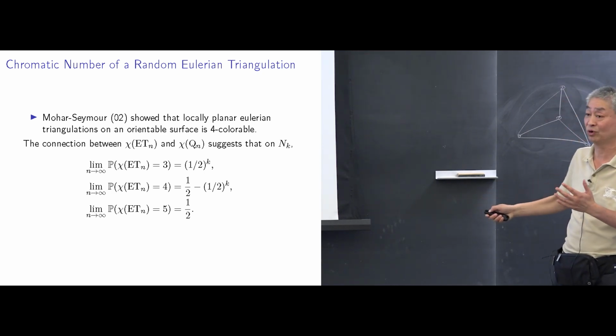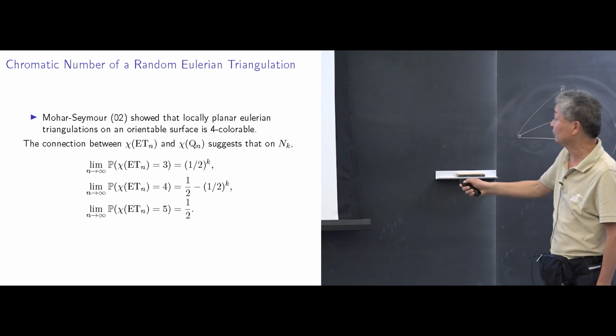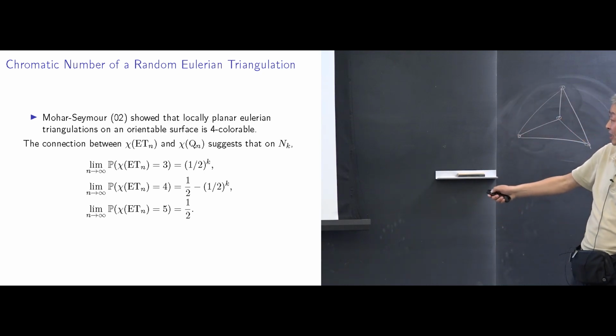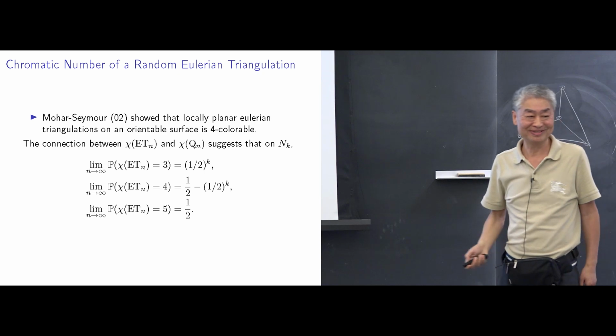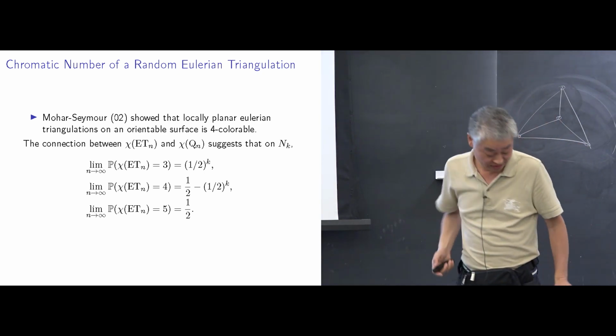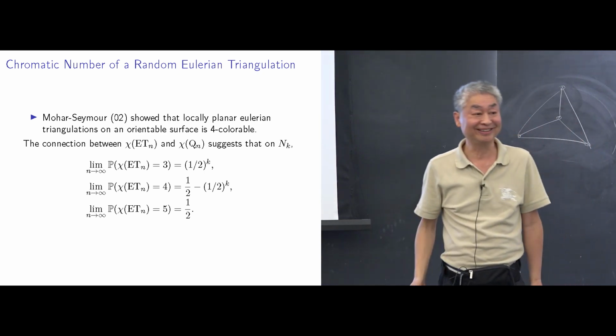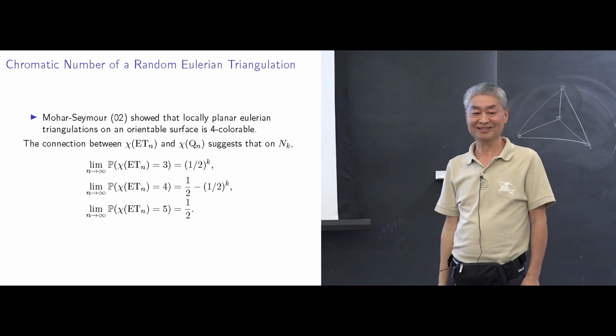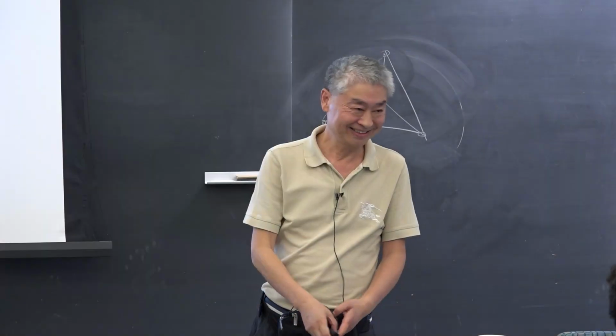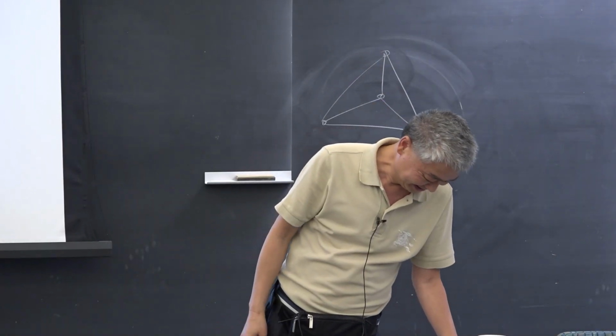Instead of 2, 3, 4 for quadrangulation, now for Eulerian triangulation, the chromatic number is 3, 4, 5 with the same probability here. Okay? Seems possible. I think this is a good time to stop here. If you have any questions, please feel free to ask.